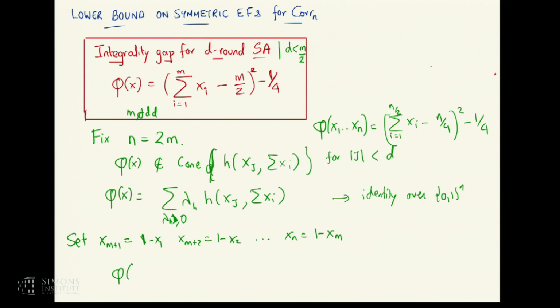I get phi of x1 through xm is actually sum of lambda_h times h of x sub J comma m, like a fixed number. Now this is a junta, right? Because I eliminated summation x_i. This is a junta. So I have expressed my original function phi as a non-negative combination of juntas, which is a contradiction because phi was an integrality gap instance for Sherali-Adams.